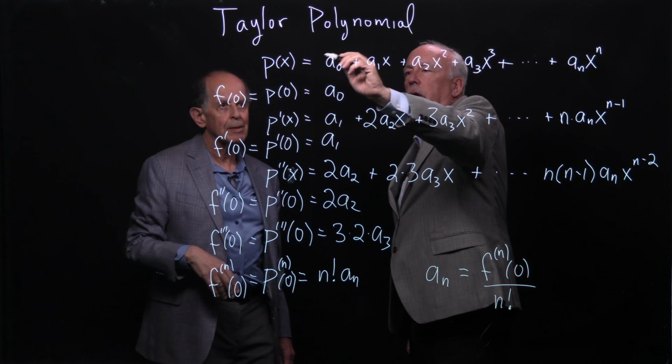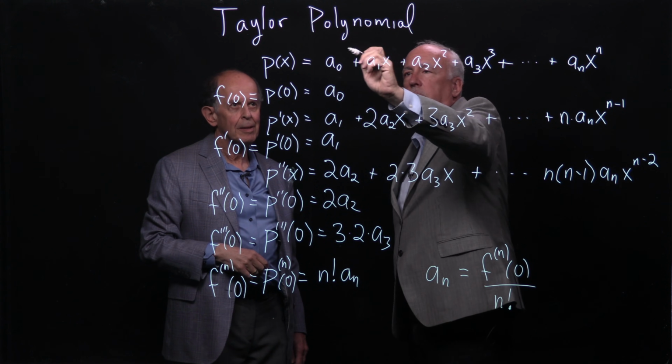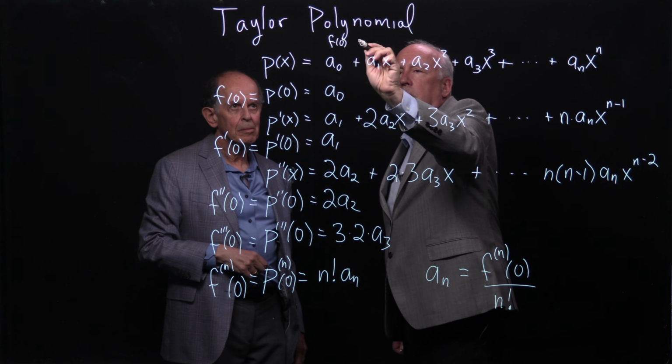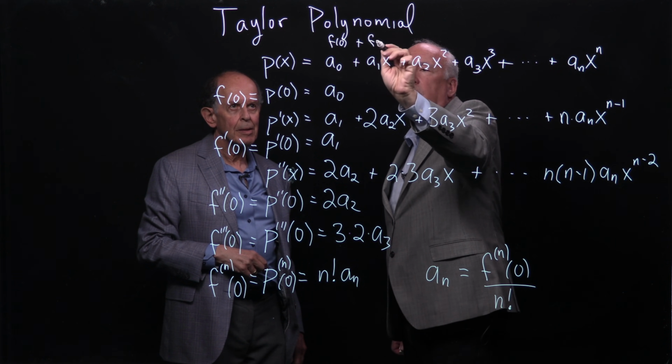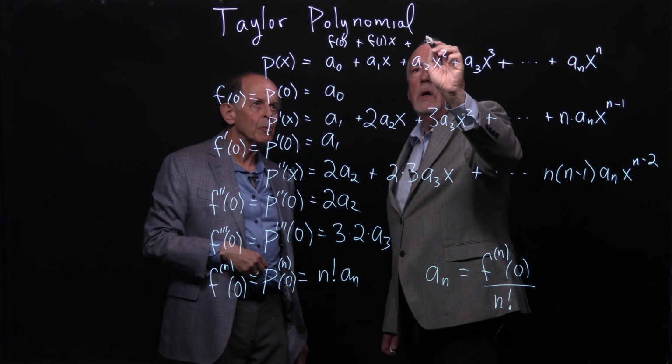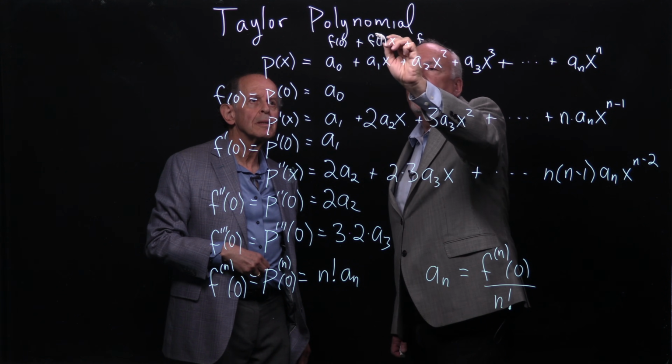So now we can write this polynomial. Can I squeeze it in here? Yeah. This will be f of 0 plus f prime at 0 times x. Oh, wait, isn't there a prime? Oh, you're right.